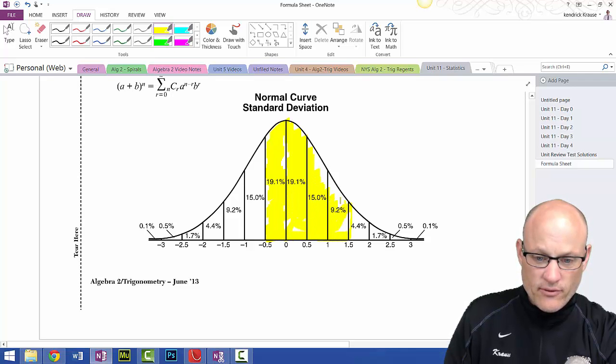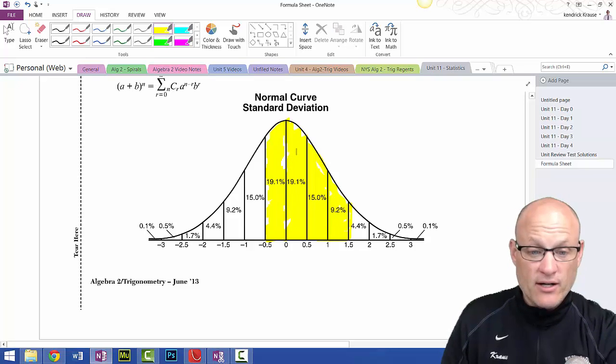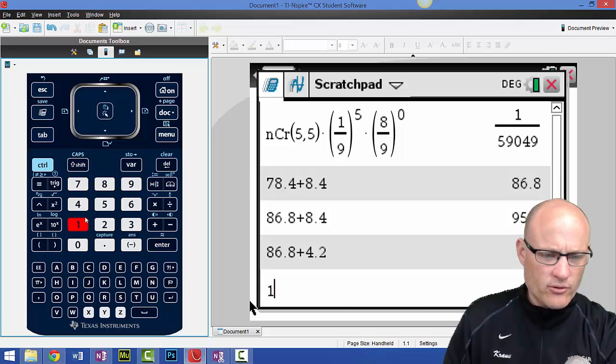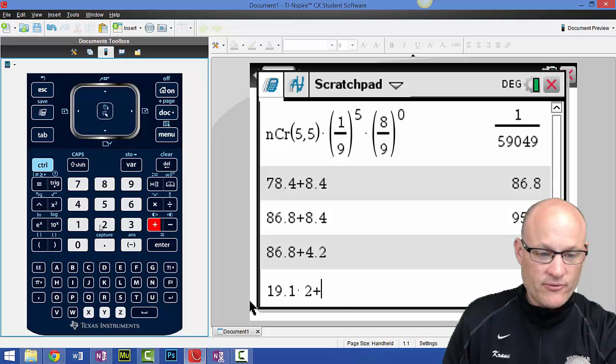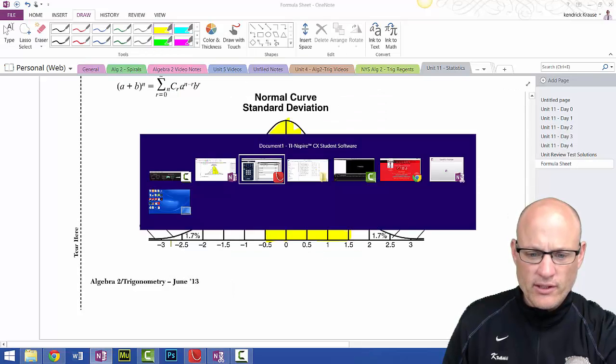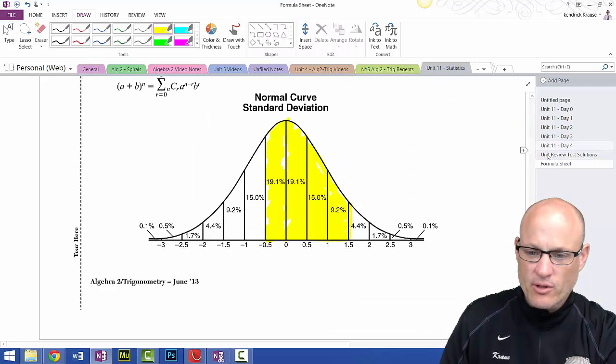That's all of this. So there's the area that I'm shading, 1.5 up and 0.5 down. So I have to add those numbers together. That's 19.1. There's 2 of those. So 19.1 times 2 plus the 15 plus I think it's 9.2 if I'm not mistaken. 62.4%. Yeah, 62.4%. That's what I want.